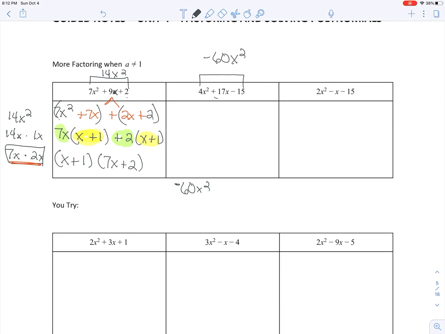12. Oh, this is different because before, I think they were both negative. So I was going to do 12 and 5, but that no longer works. We're trying to get 17 in the middle. 6 and 10. 4 and 15.